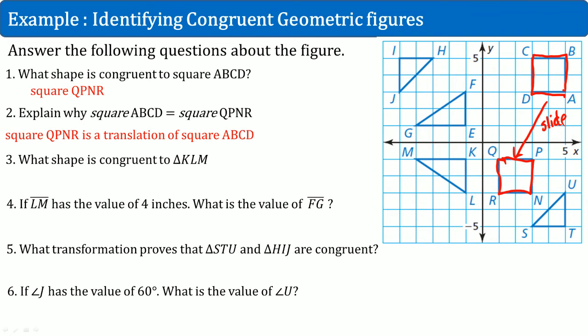Number 3, what shape is congruent to triangle KLM? We can see that triangle KLM is right here. And you can see that this shape EFG is congruent. How are they congruent?